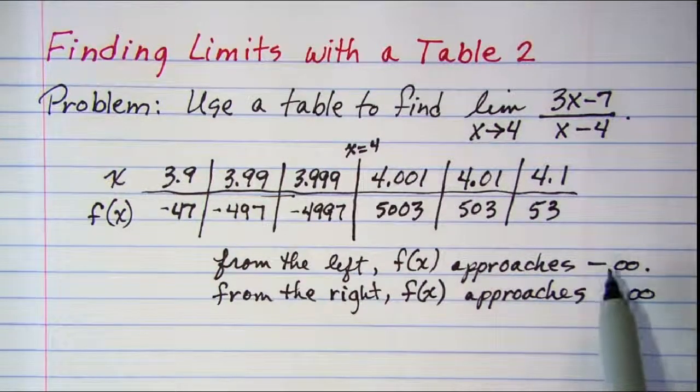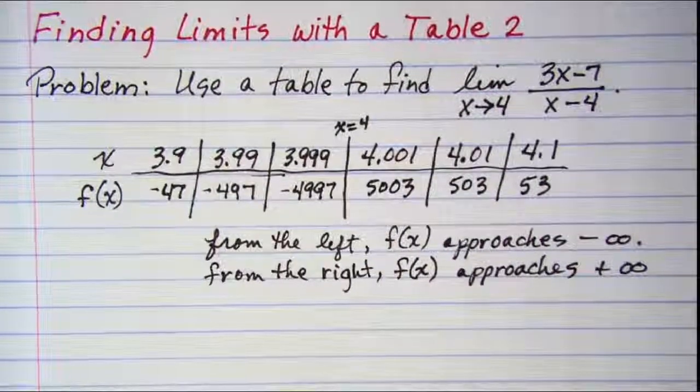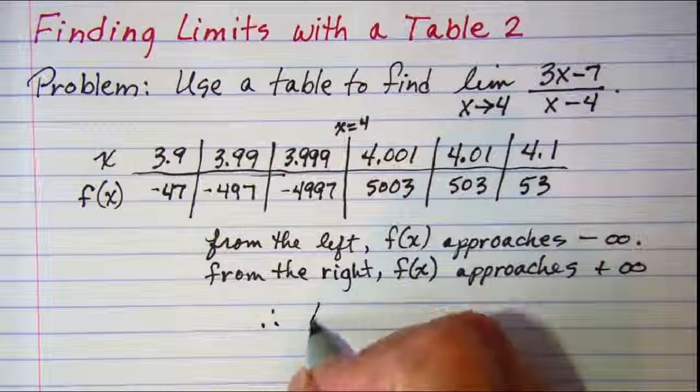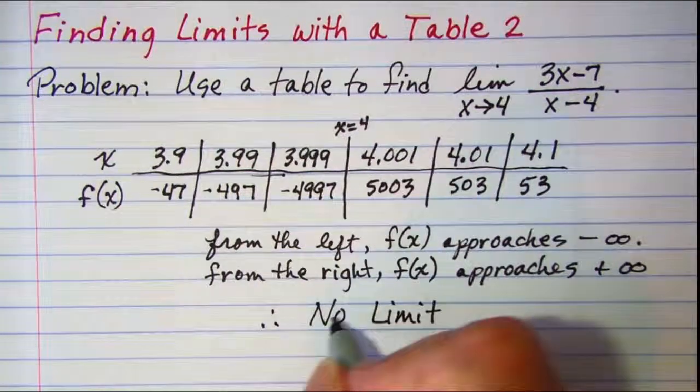So these two have to be the same number if the limit is going to exist. So we would write no limit, or limit does not exist.